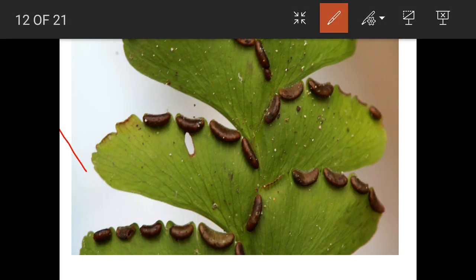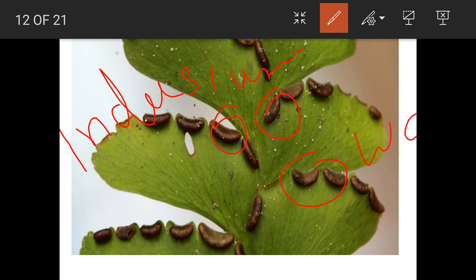One more word I am introducing here, that is indusium. So what is this indusium? In the previous slide I said whatever these sorus or sori are there, they are covered by the folding of the leaf, which is going to act as the wall of the sorus, or covering over the sori.